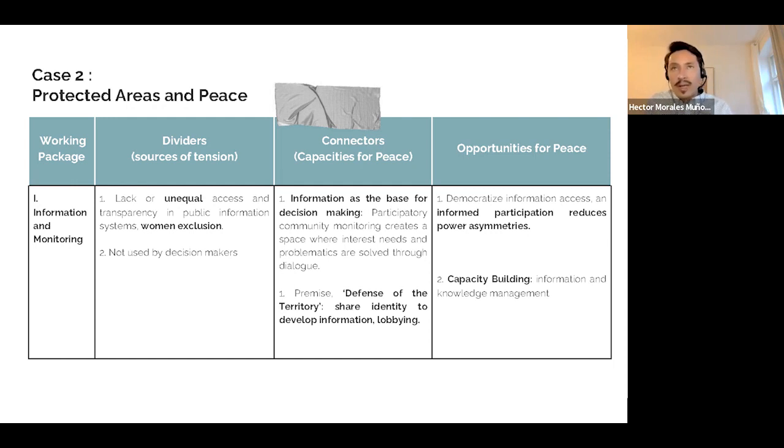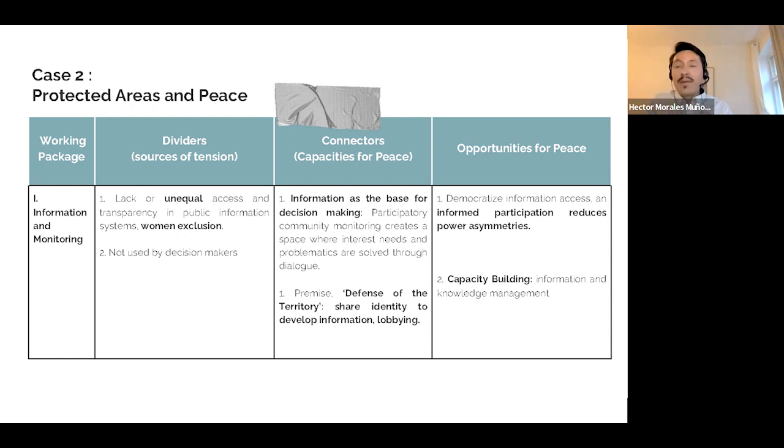So the connectors that they saw were that the information could be used as a base for decision making, and that participatory community monitoring creates a space where interests, needs, and problems are resolved through dialogue.